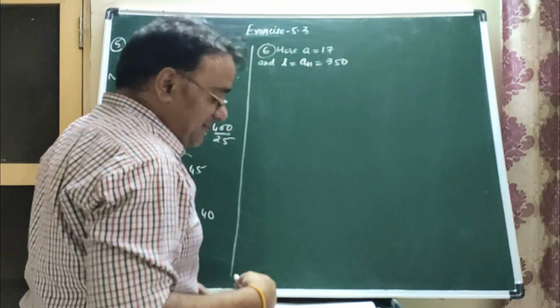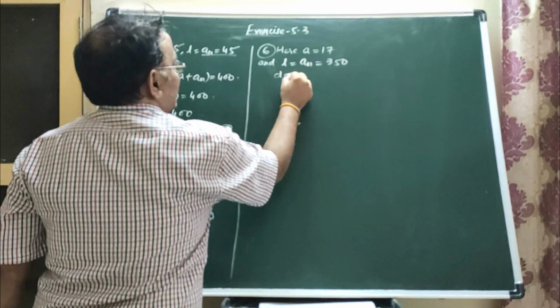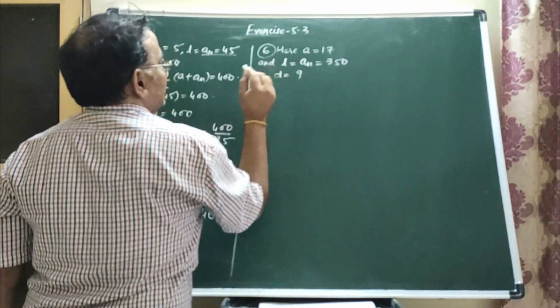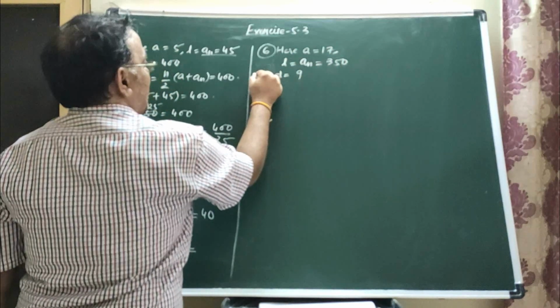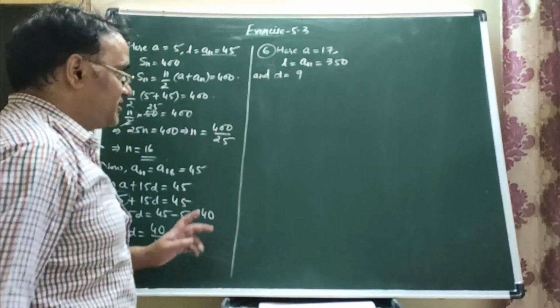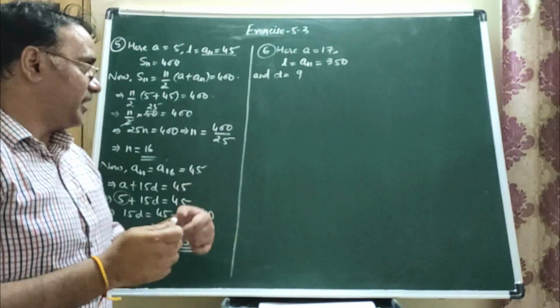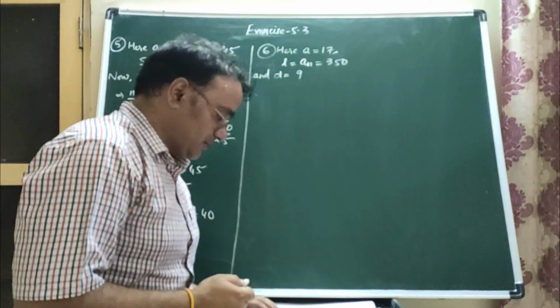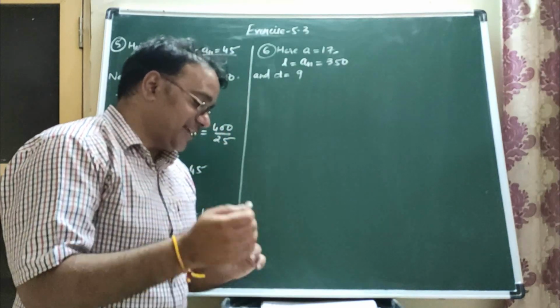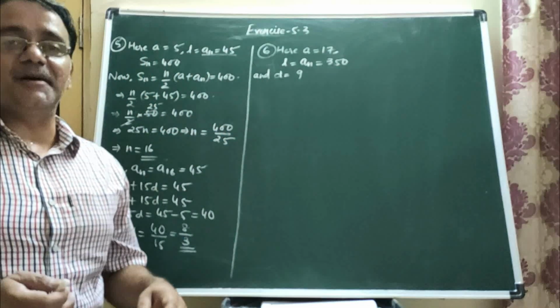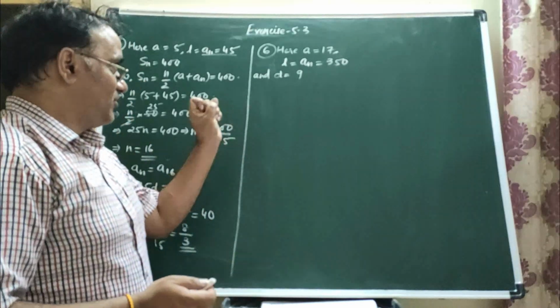If the common difference is 9. So here the first term A is given, an is given and D is given. How many terms are there and what is their sum? How many terms means we have to find n, right?